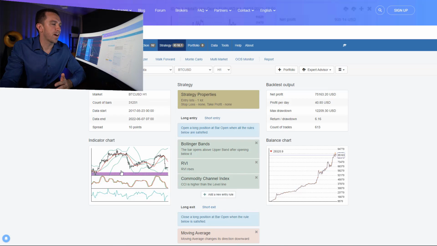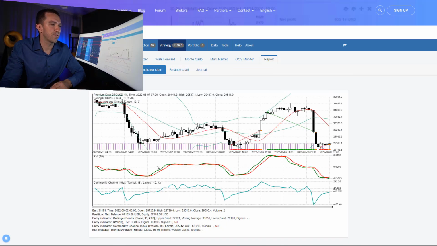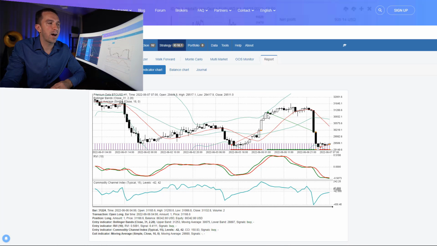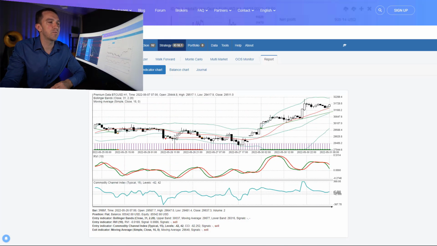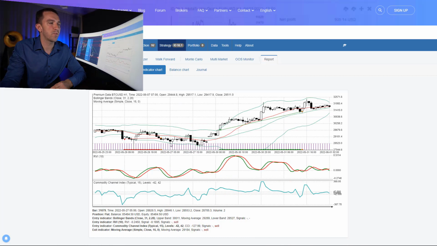Now if I go to the indicator chart in AI Studio and show you some of the most recent examples, for example the very last one, you can see that we have a bar opening above the upper band of the Bollinger Bands, and on the next opening we have an entry signal. Looking at some of the recent examples, right over here I have a very clear example.